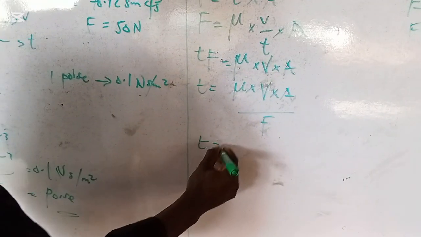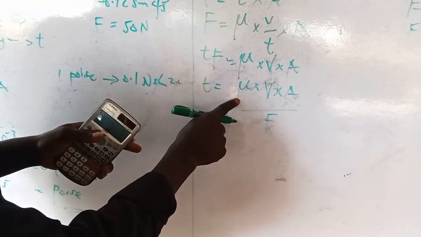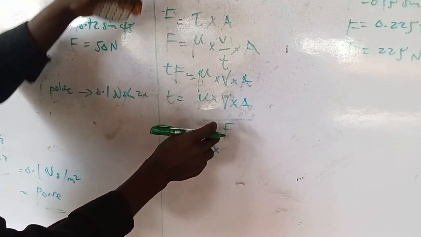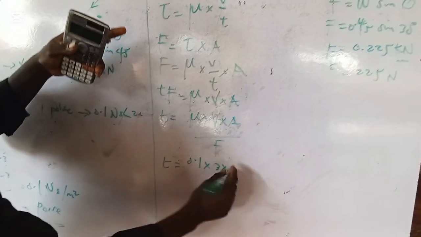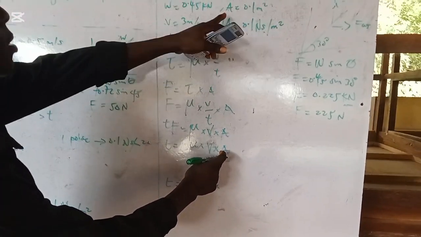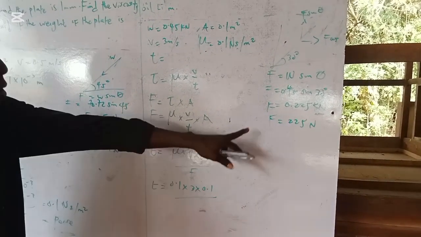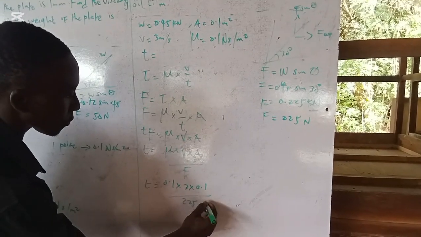Thickness is equal to our dynamic viscosity, 0.1, multiplied by our V, which is 3, multiplied by our A, which is 0.1, and our F is 225.